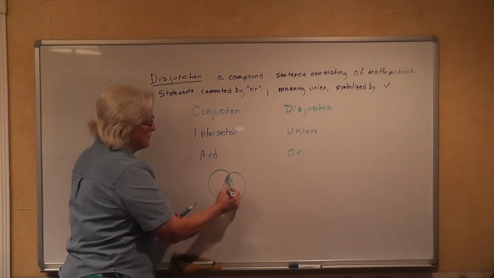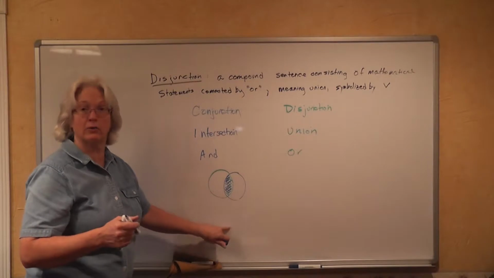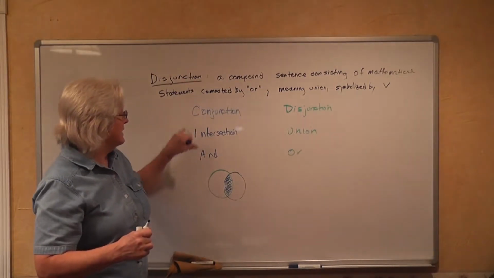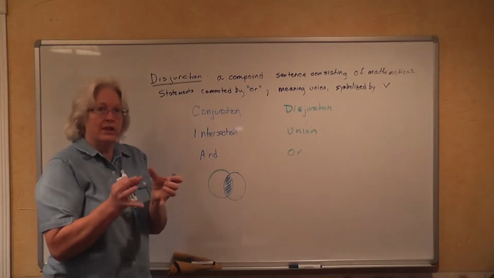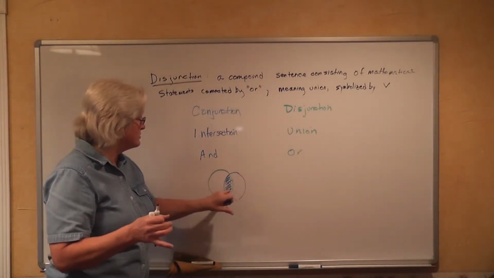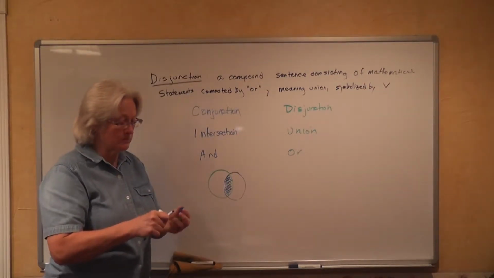So this is what the conjunction is. It's the intersection. This Venn diagram here shows the intersection of two sets, and the "and" means that our shaded area here has to be both a part of the green circle and a part of the blue circle.